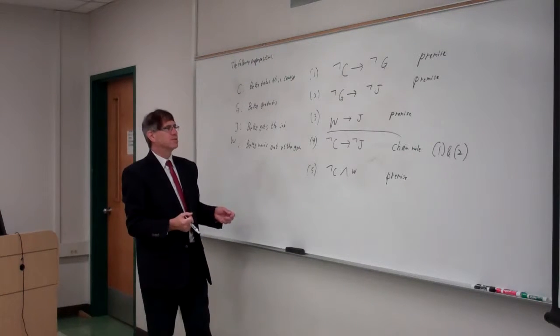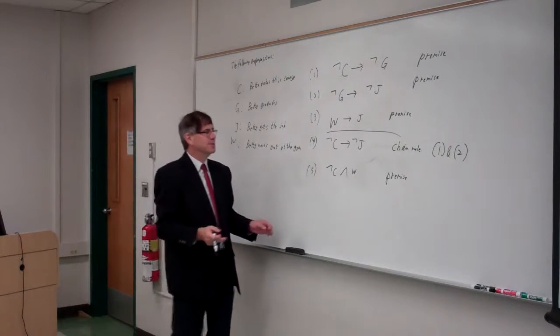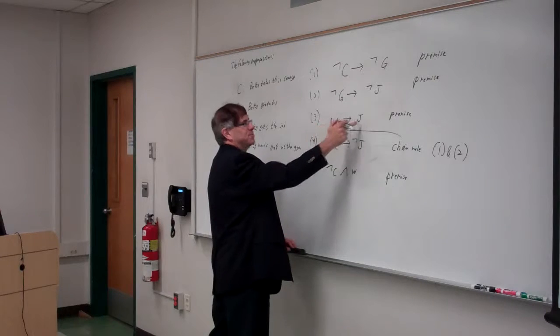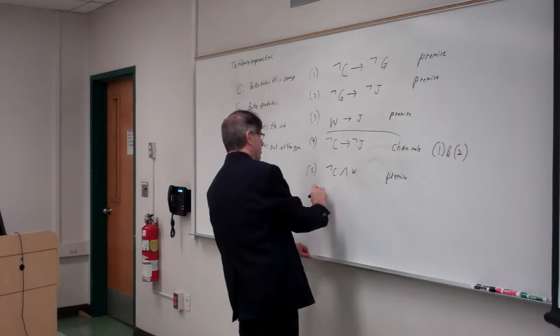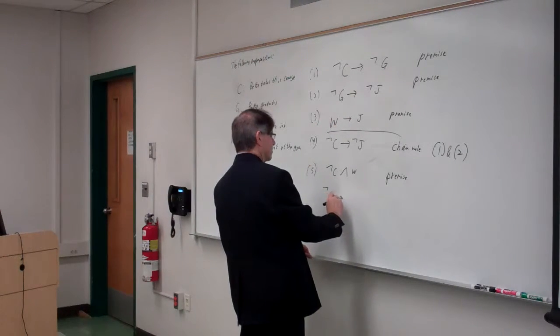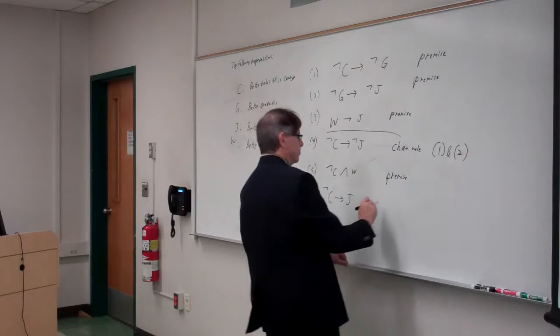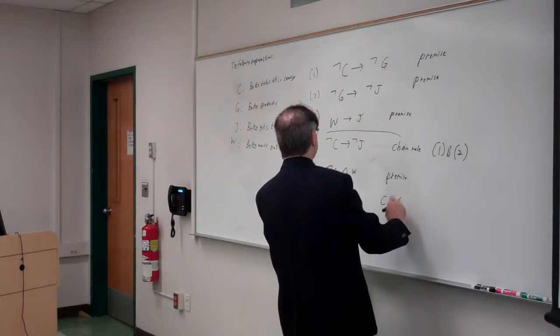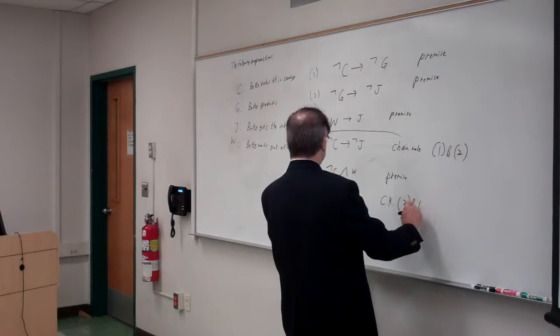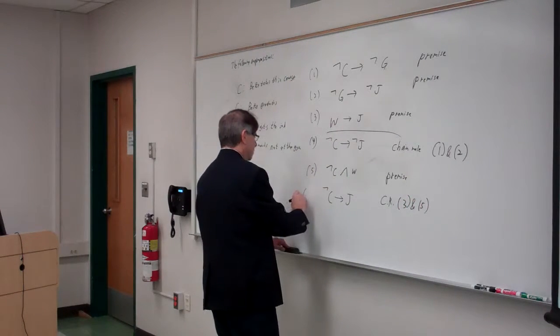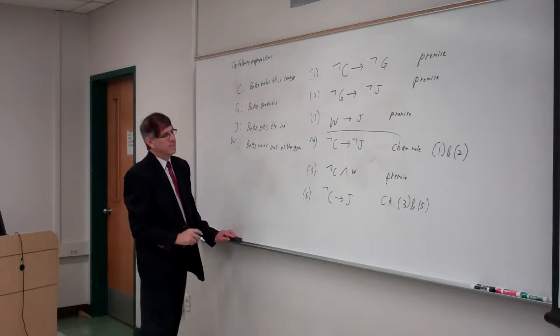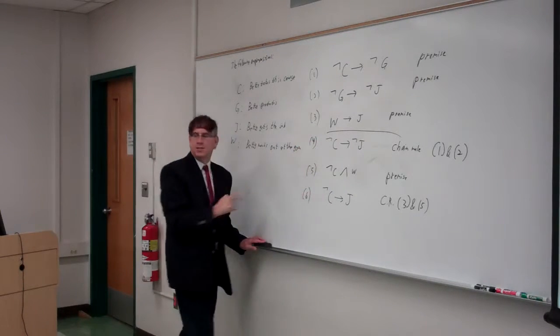And everybody was able to articulate what the contradiction was. This says she's going to work out at the gym, which means she's going to get the job. So if she doesn't take the course, she gets the job. That's a chain rule of 3 and 5. And then this and this are contradictory.